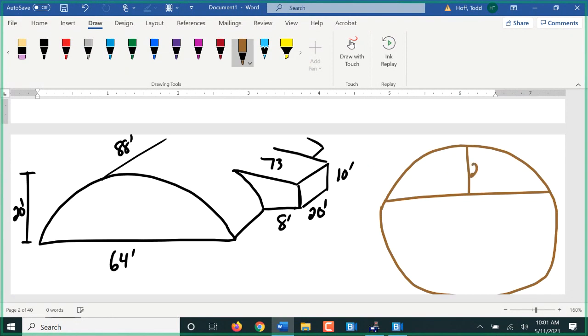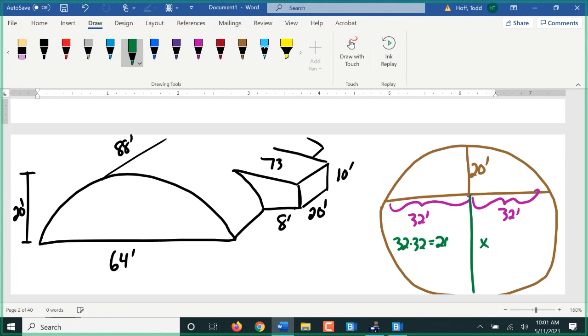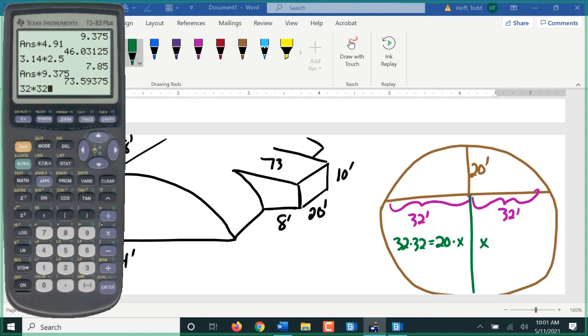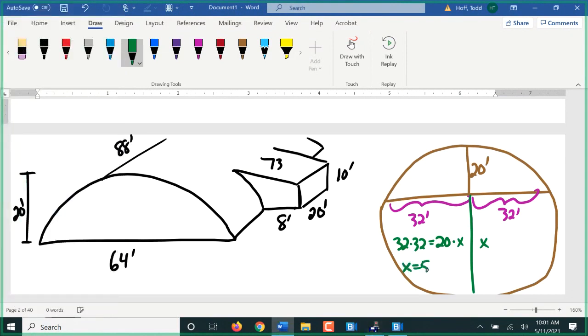So this is 20 feet here. I'm going to cut this into two pieces that are each 32 feet, half of the 64. This will be X here. 32 times 32 is going to equal 20 times X. So 32 times 32 divided by 20 gives us X is 51.2 feet.